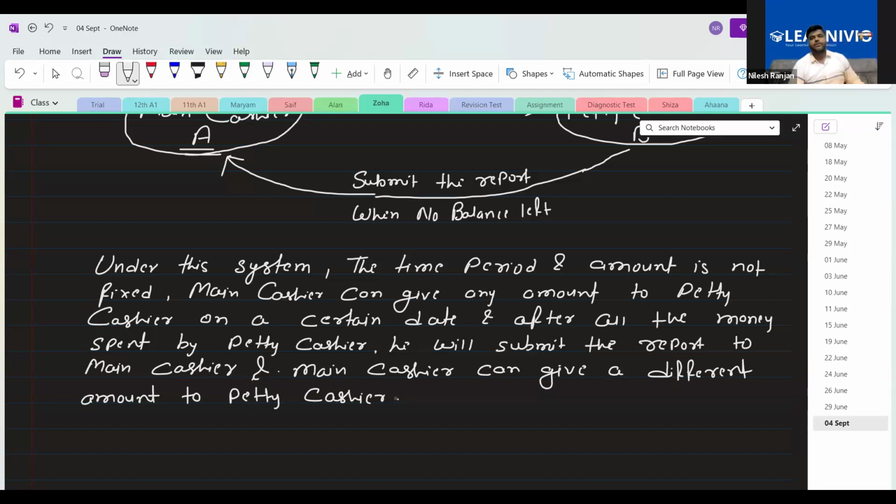So the amount can be different every time. Under this system, the time period and amount is not fixed.